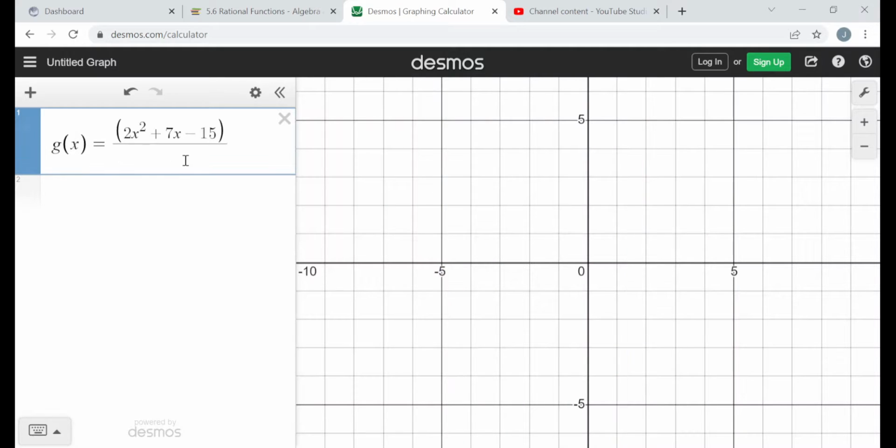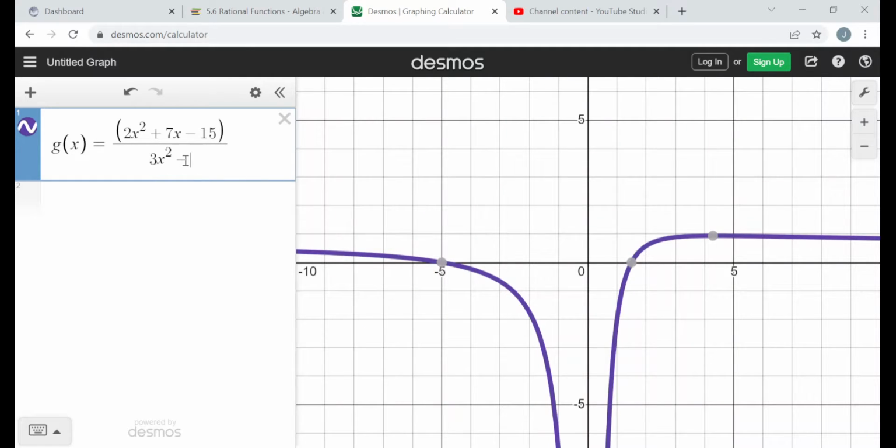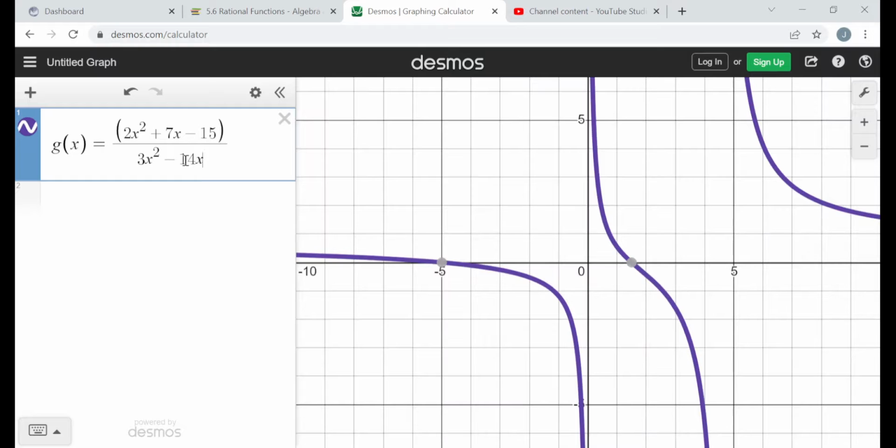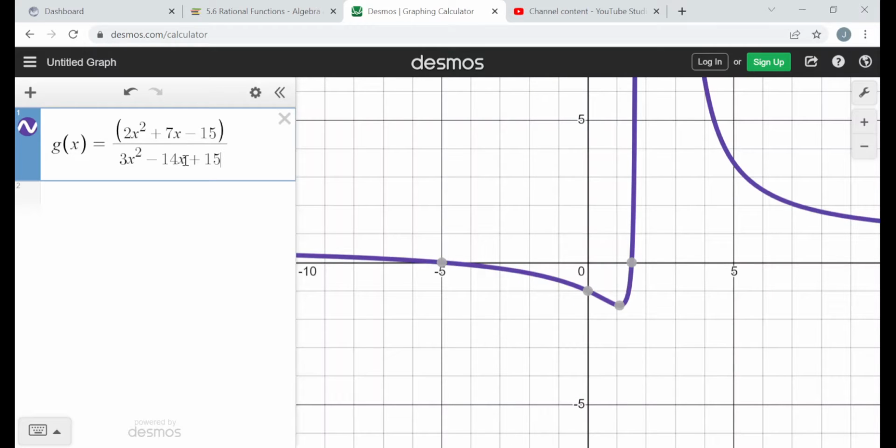Denominator 3x squared minus 14x plus 15. And then see, there's negative 5, 0. Here's 0, negative 1. Now it goes down a little further, so my drawing's a little off, but then it crosses at 1.5, 0.